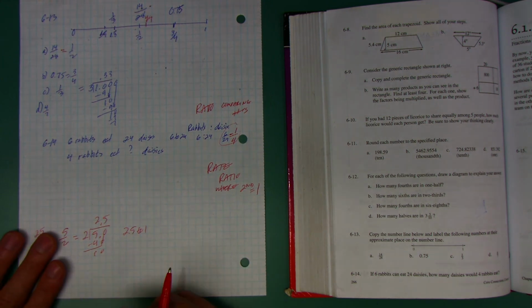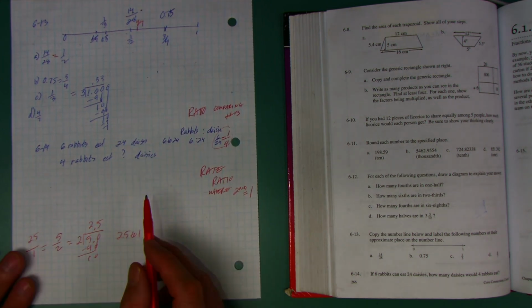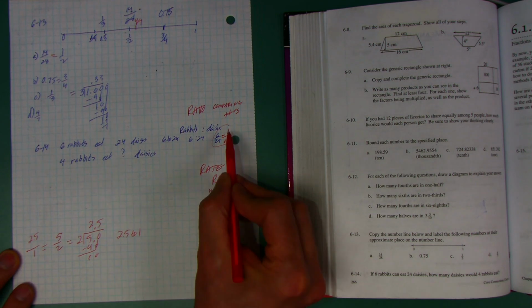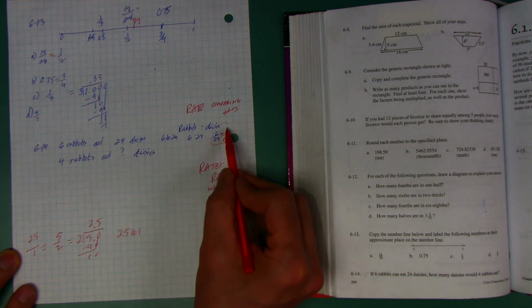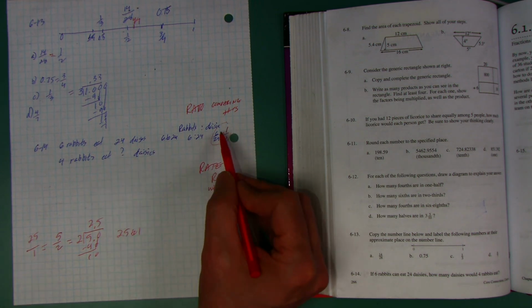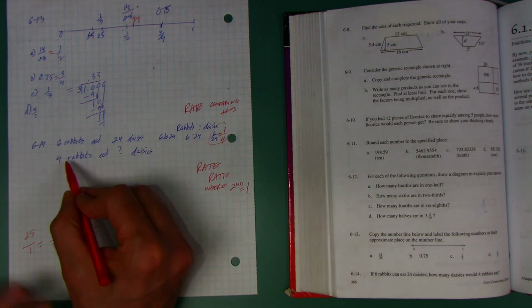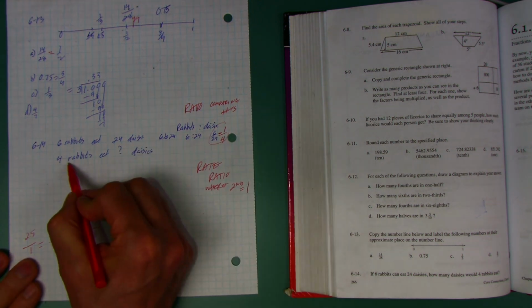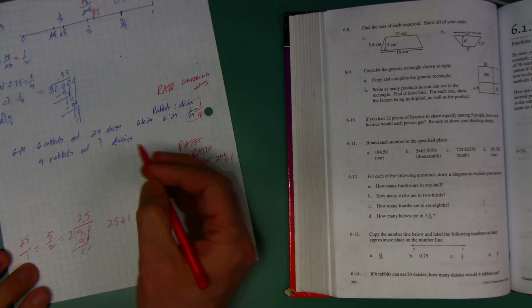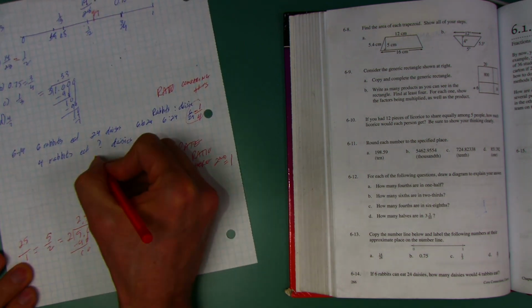Okay, you want a rate, and then you could change it. So for every 1 rabbit, 4 daisies are going to get eaten. So if there's 4 rabbits, how many daisies will get eaten? Well, 4 times 4, right?